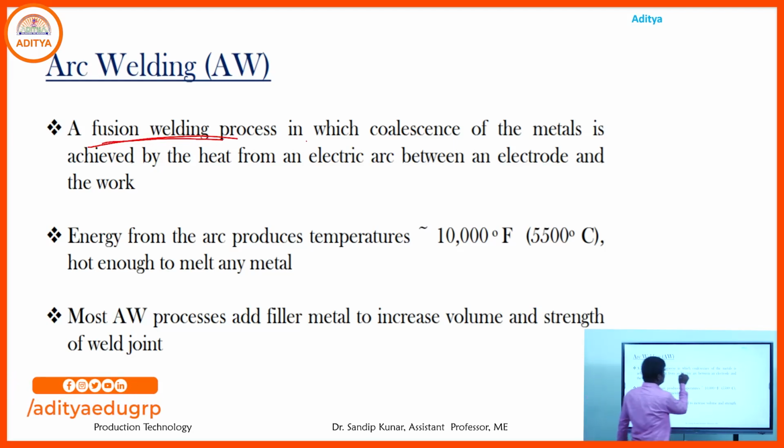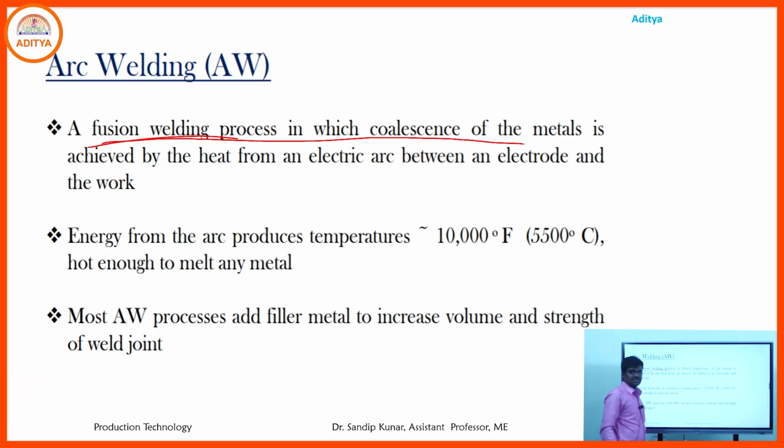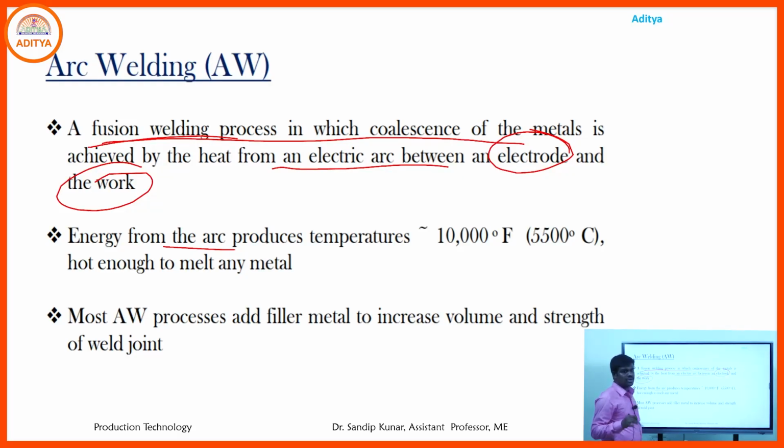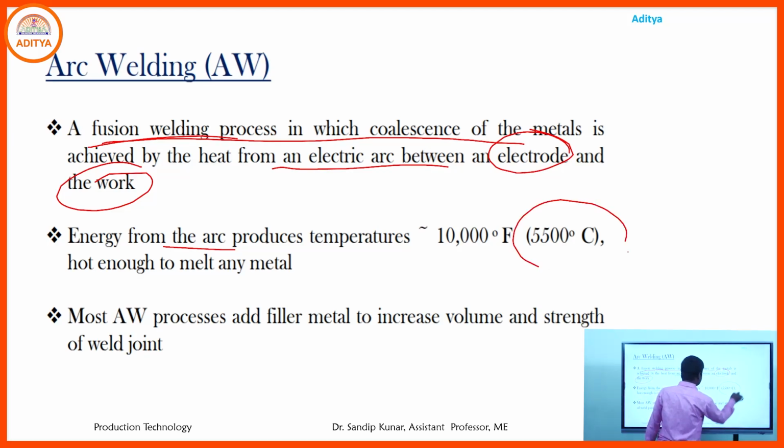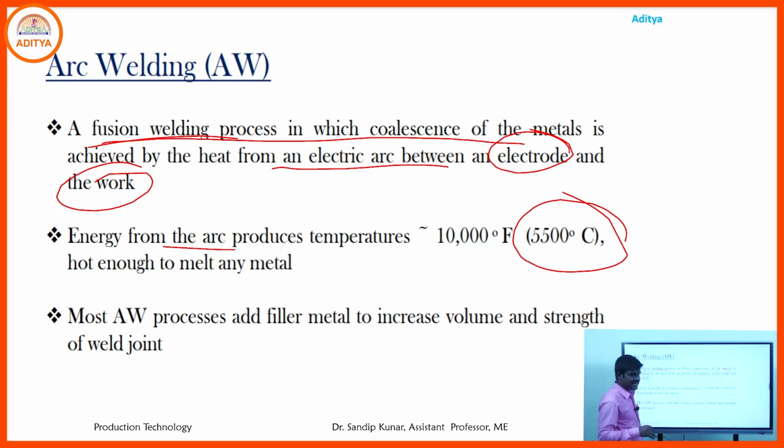It is a fusion welding process in which coalescence, meaning joining of the metals, is achieved by the heat from an electric arc generated between the electrode and the work. The energy from the arc produces a temperature of around 5500 degrees centigrade, which is enough to melt the metal.